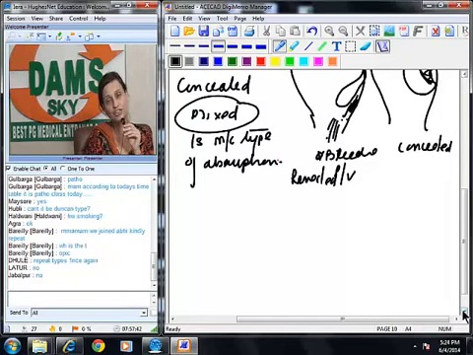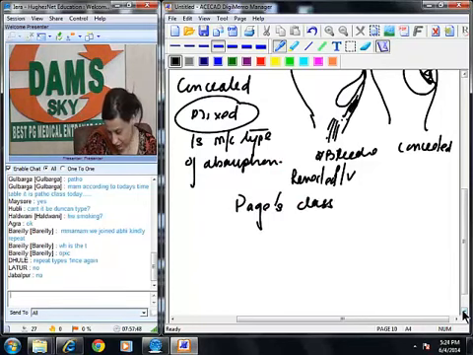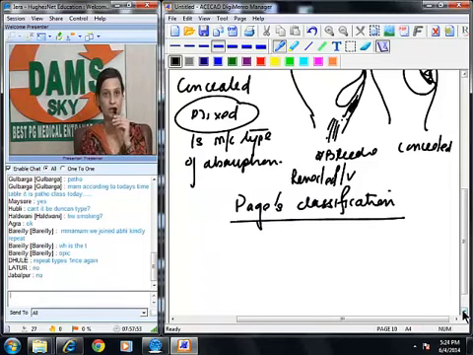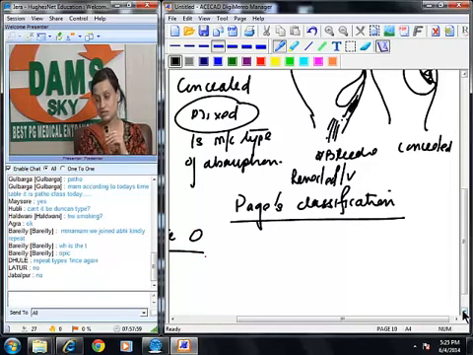There is another classification of abruption, and it is called Page's classification. Now in Page's classification, first is type 0.